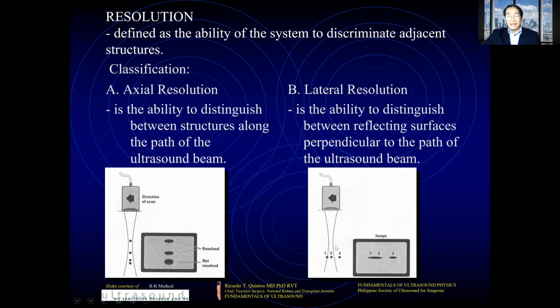In this example, you have 3 points, and because it is in the far zone, the resolution is so poor that point 1 and point 2 are not completely resolved and can be seen only as one structure. We can resolve point 2 and point 3 as different structures, but point 1 and point 2 are not resolved, so there's poor resolution at this level.